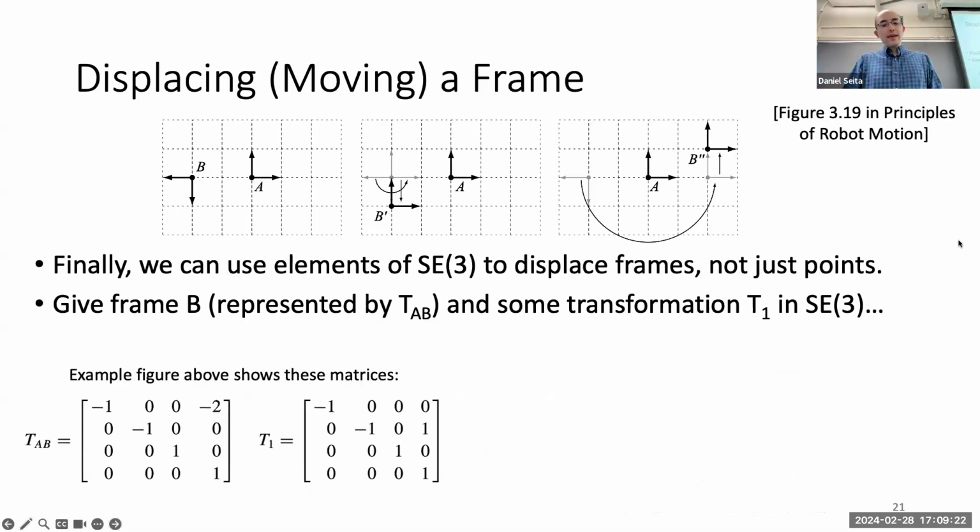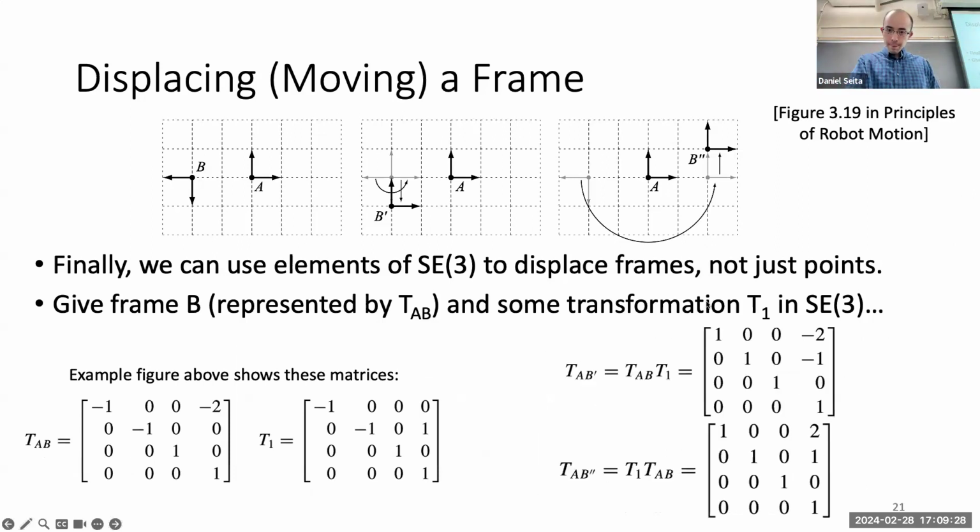All right, so the example figure above will show these matrices. So if you do this, TAB times T1, you'll get something like this, which refers to the rotation here.